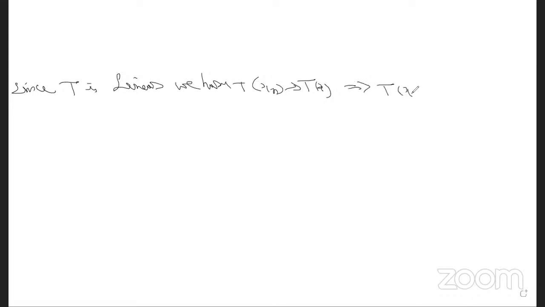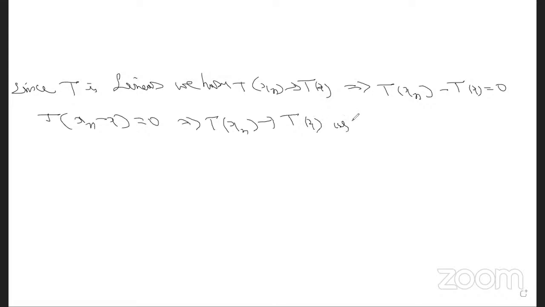T of xn minus T of x equals 0. Taking capital T outside as common, T of xn minus x equals 0. So T of xn tends to T of x as n tends to infinity. Right?